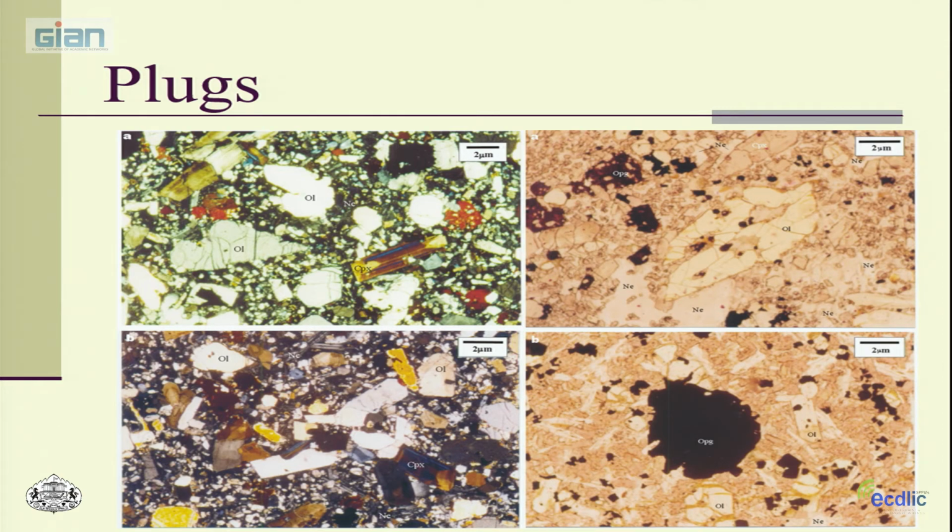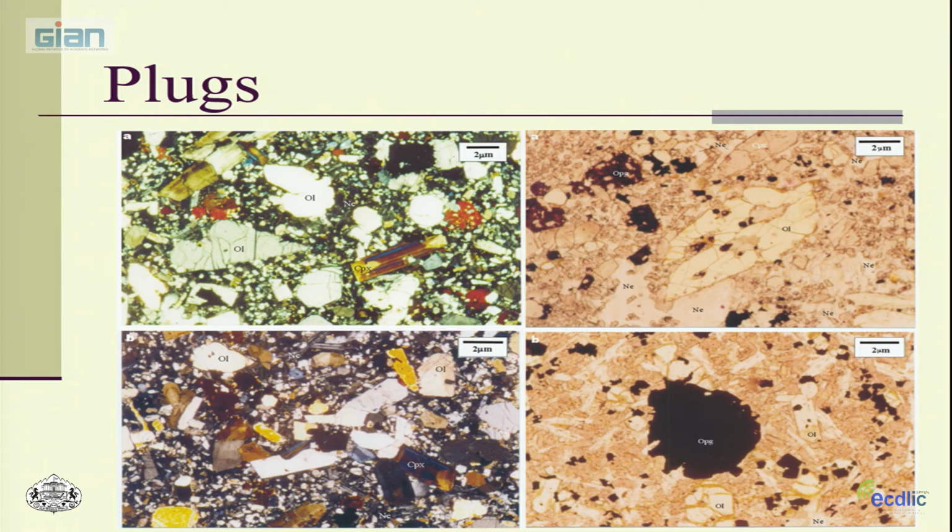When we look at the plugs, as I said, there is a variety of alkaline igneous rocks, which include basanite, melanephelinite, nephelinite, alkali olivine basalt, and there are rocks that look very lamproite-like and are compositionally very similar to lamproite. Over here you can see one of the plugs, with olivines and phlogopites, and all the rest are the other varieties, basanite, melanephelinite and so on.